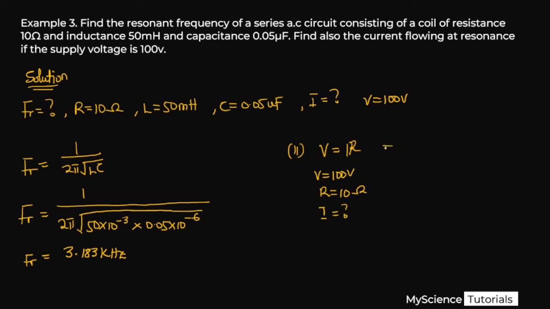If we make the current the subject, current will be equal to the voltage over the resistance, which is 100 volts divided by 10 ohms. So we are going to get 10 amperes as our current in this example.